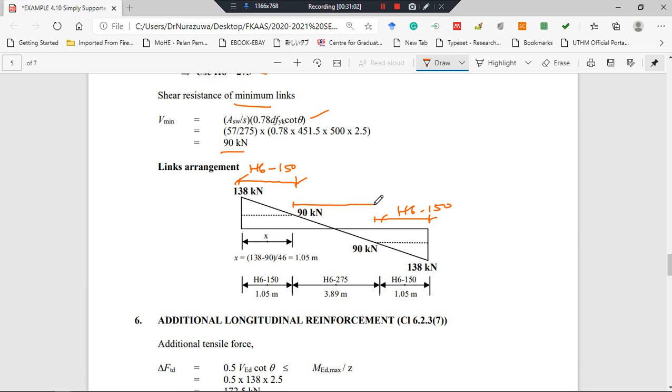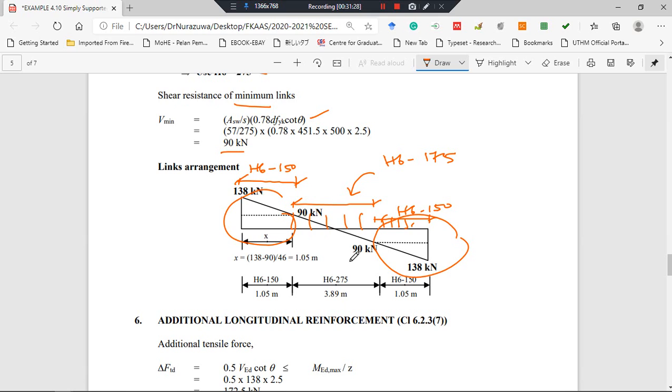Meanwhile, here the shear is decreasing, and thus we provide the minimum link with the spacing 175. So the spacing is wider compared to this one, which is quite close, because shear at the support is large compared to shear at the midspan.